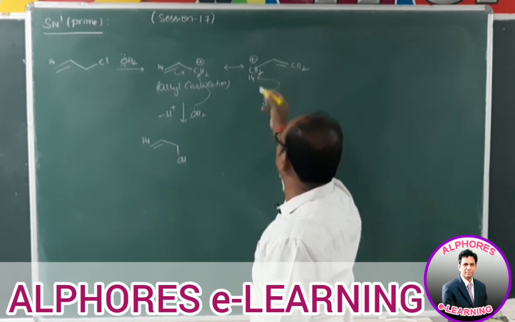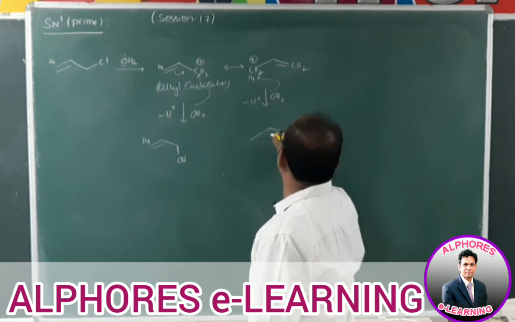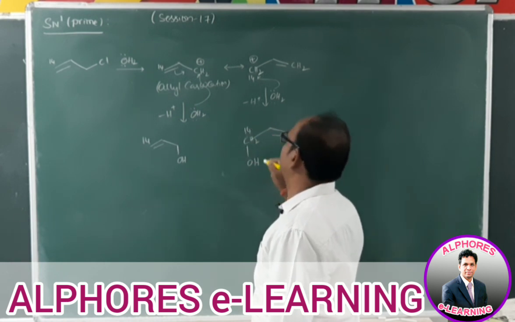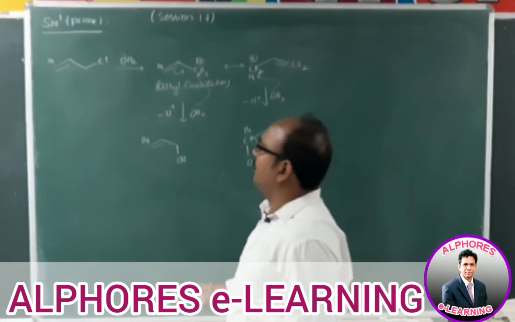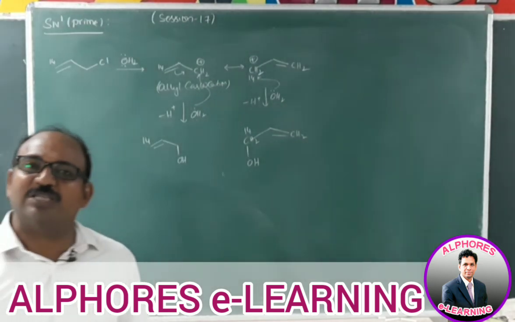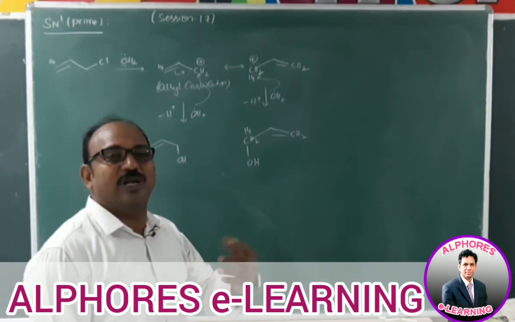Here the water molecule comes and attacks upon the C14 isotope, and after deprotonation we get CH2 with 14 and OH. So we are getting two products, because here, via formation of the carbocation, inversion and retention, two products are possible.